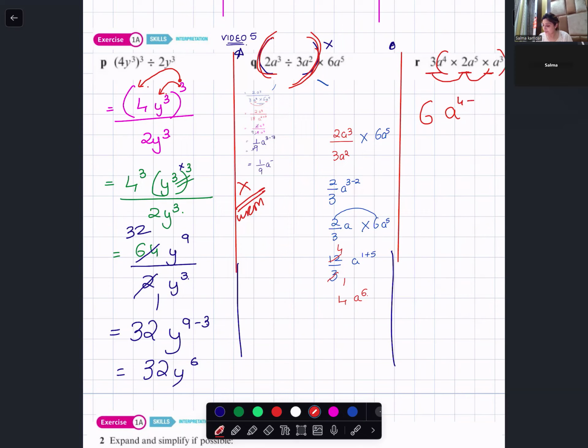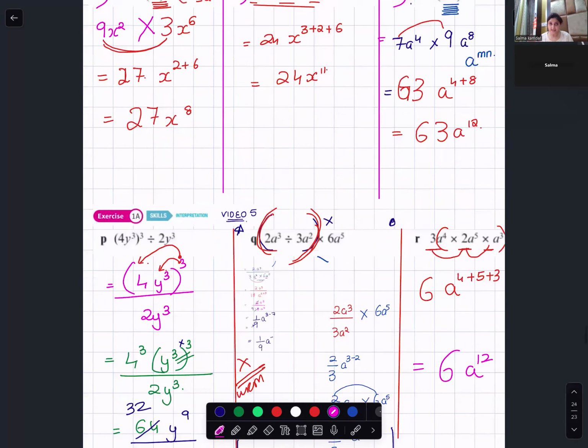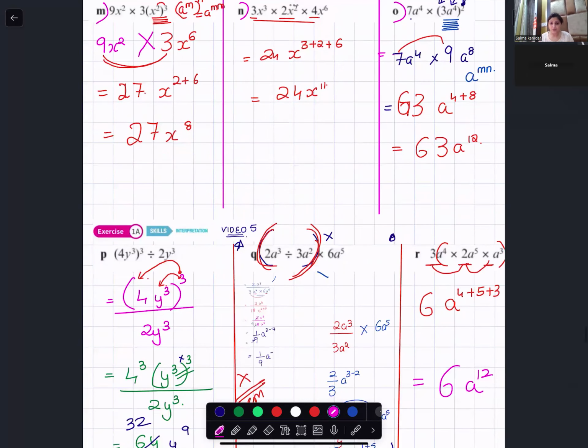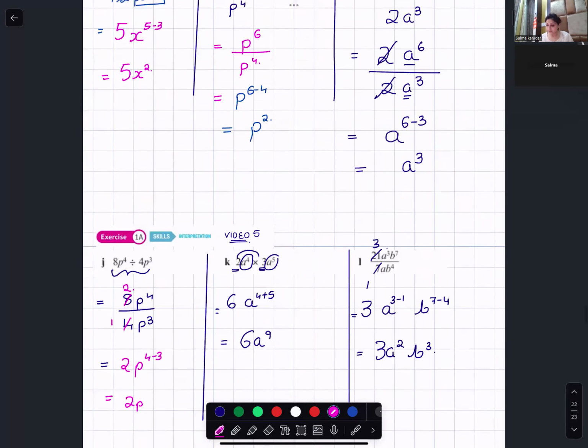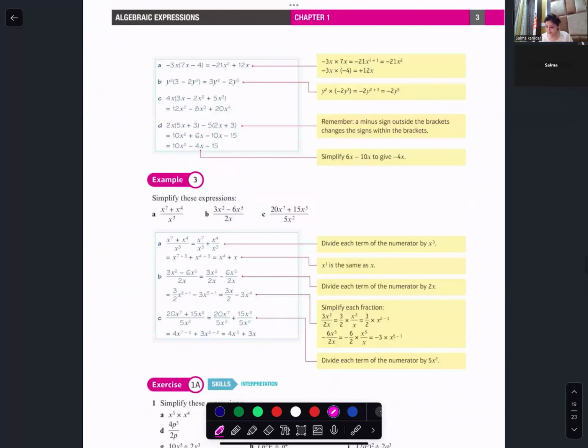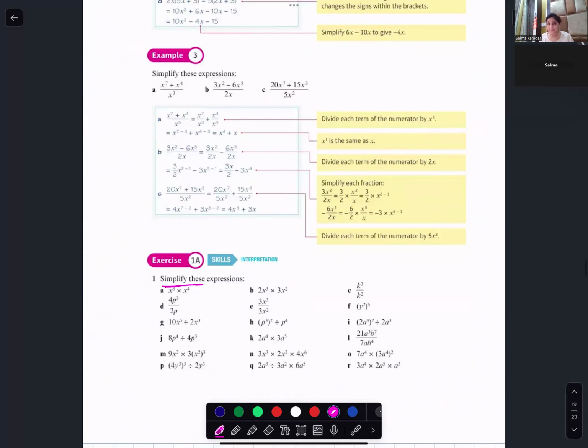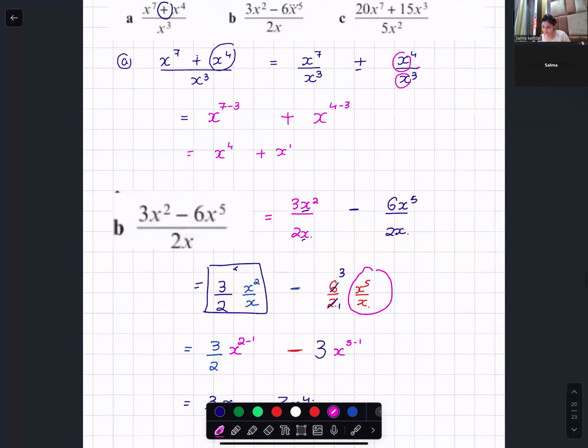So you will add all the powers, 4 plus 5 plus 3. So this makes it 6a raised to 12. With this, we complete exercise 1A, question number 1, which was nothing but what you had to do: simplify the expressions.